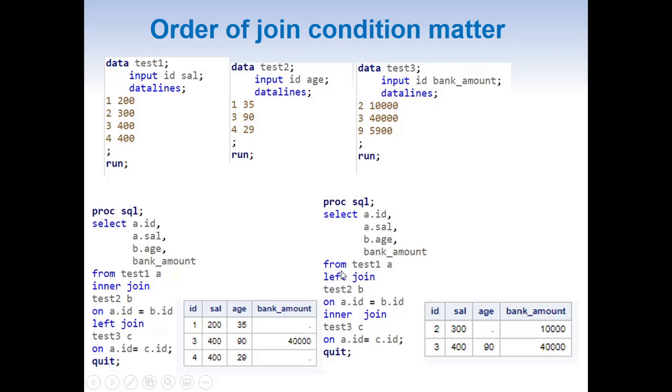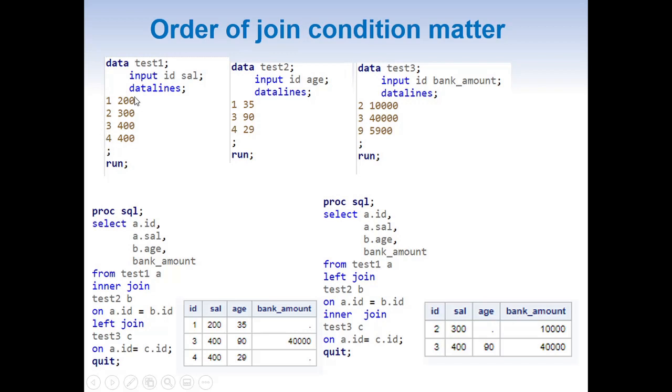This result we are able to understand, but let's do another one. Here I am doing test1 left join test2, which means I'm going to get 1, 2, 3, 4 and also the matching values of 1, 3, 4. So my results are a little different in the first phase itself, where I have all the values from here.